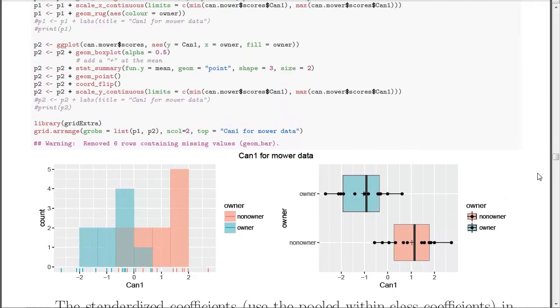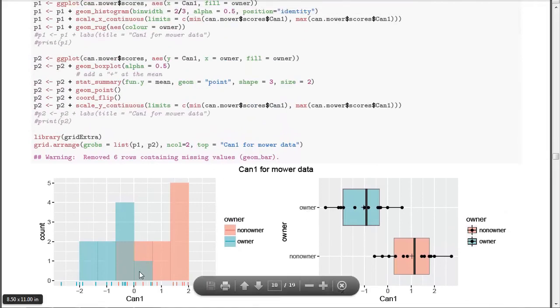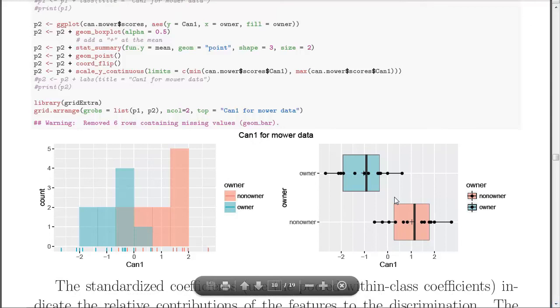If you plot the data in the direction of the canonical variables, you can see how little overlap there is, perhaps particularly in the box plots. You can see that the boxes don't overlap at all, and it's just the whiskers that overlap a little bit.